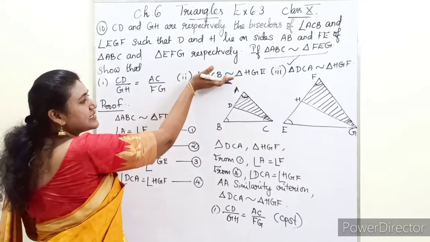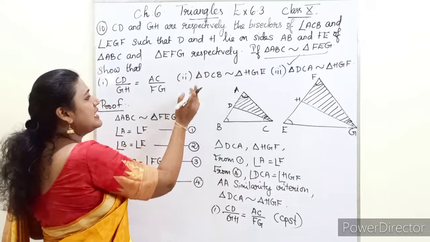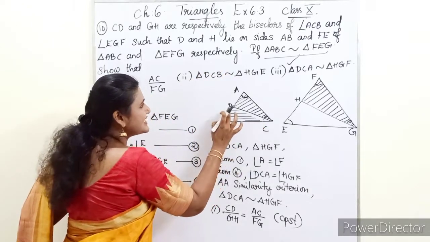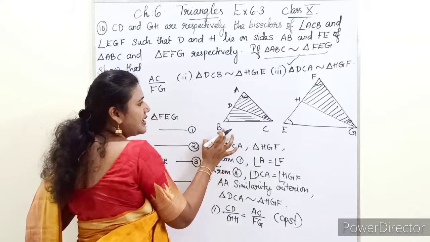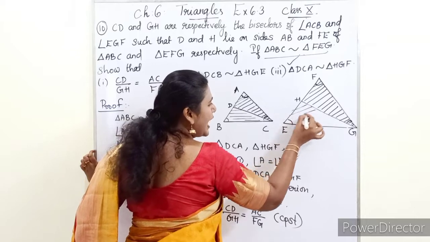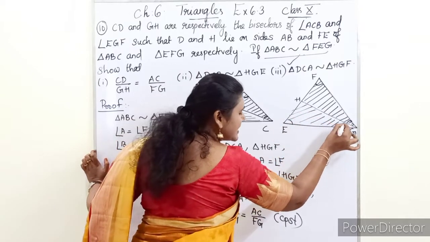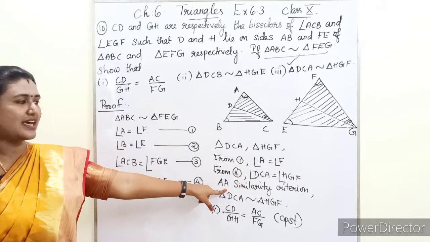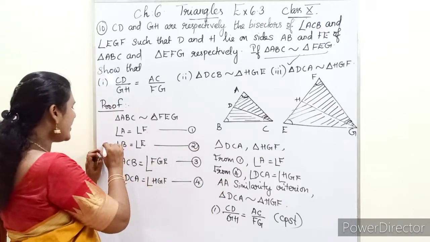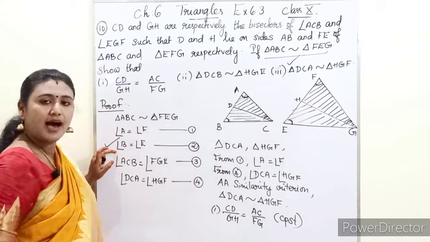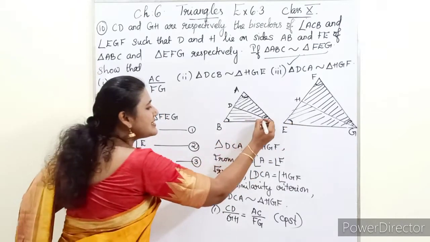Now we have the second part. For that we have to consider triangle DCB and triangle HGE and prove these two triangles similar. The same similarity criterion we can use. From equation 2, angle B and angle E are equal. Now what about this angle?